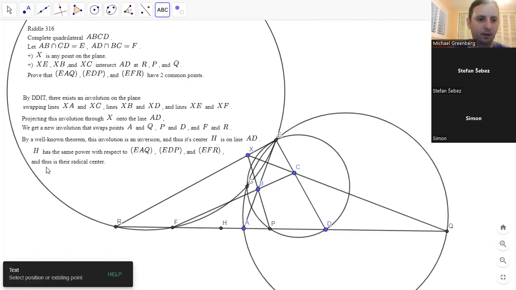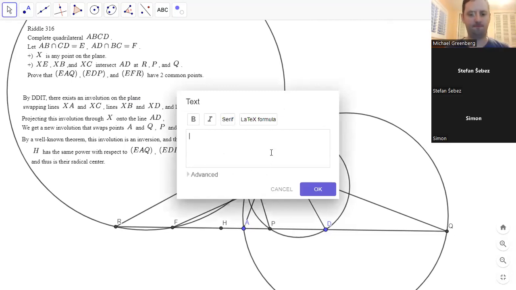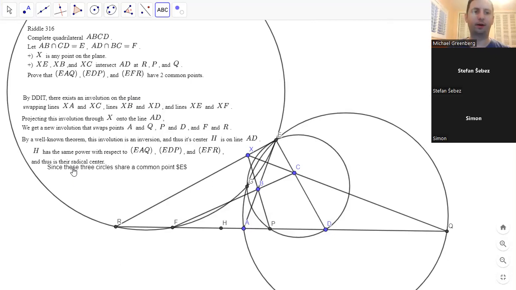Okay. It doesn't mean that it's the radical center unless they all share a common point.